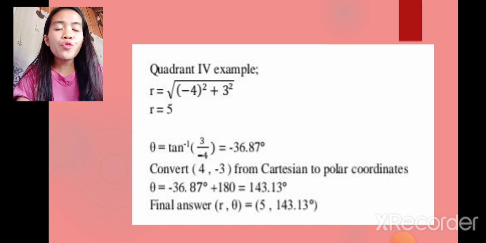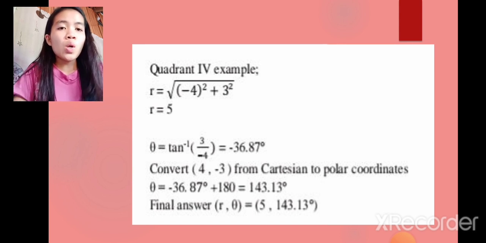Quadrant 2 example: r is equal to the square root of (-4) squared plus 3 squared. Let's solve. -4 times -4 is 16, plus 3 times 3 is 9. Then 16 plus 9 is equal to 25.